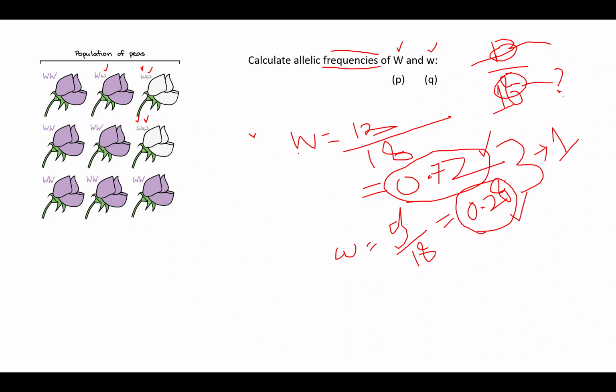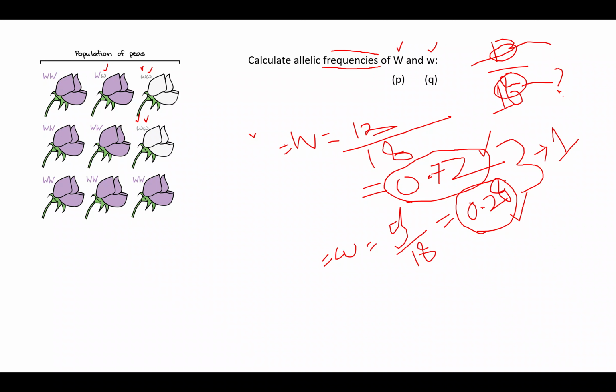Now you calculated capital W, you calculated small w. Let's give them some letters. The capital W is the dominant allele over small w because even if capital W and small w are both there, it is still a violet flower. So capital W is dominant.